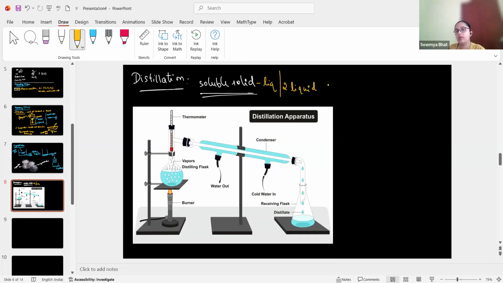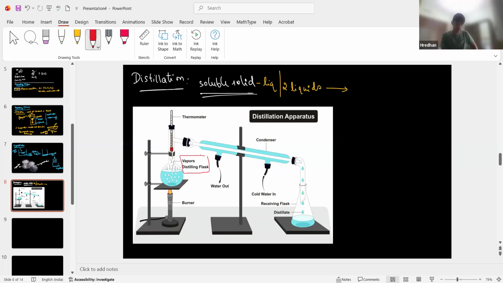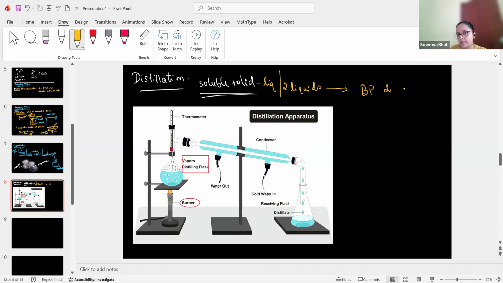You are going to put it in a distillation flask, and you're going to heat it using a burner. This is based on the boiling point differences. The one with the lower boiling point will evaporate first.